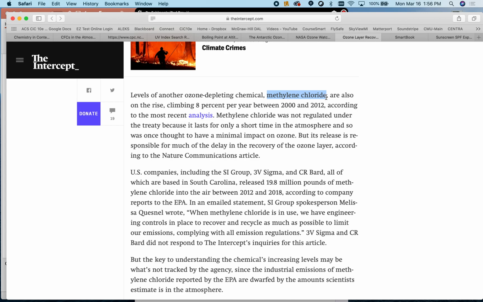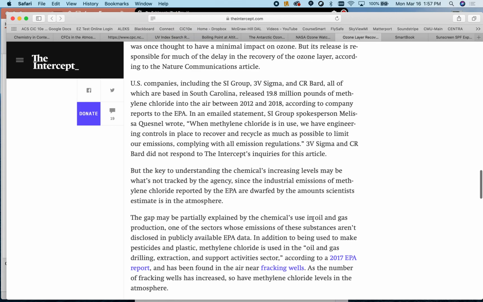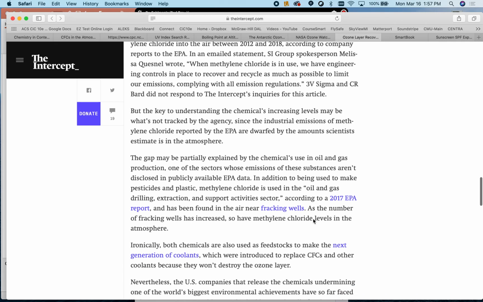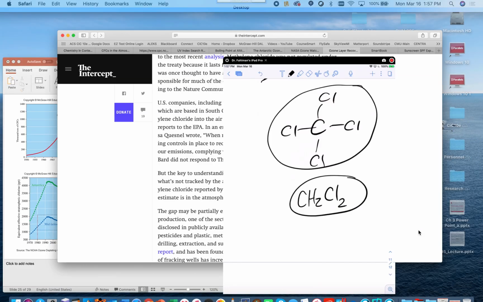It seems surprising, really, that when they were looking at the Montreal Protocol way back, they didn't think of other chemicals that were being produced and also contain chlorine, and why didn't they outlaw those at that time? It turns out that we are still releasing millions of pounds of these into the air, and these have the same effect. It's the same chemistry, right?